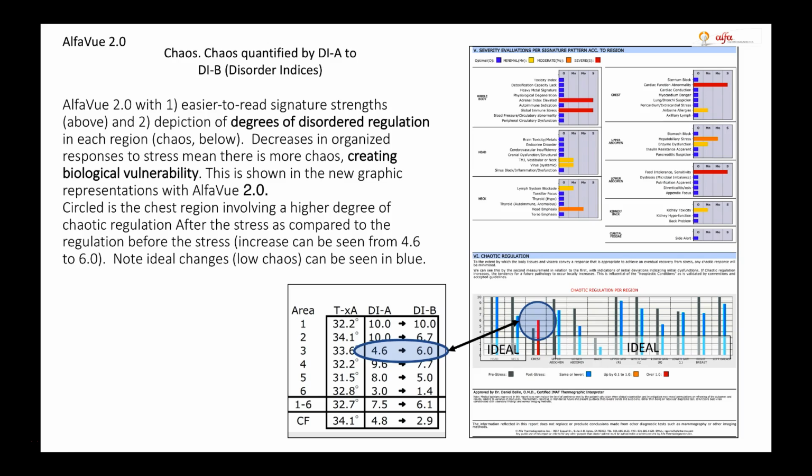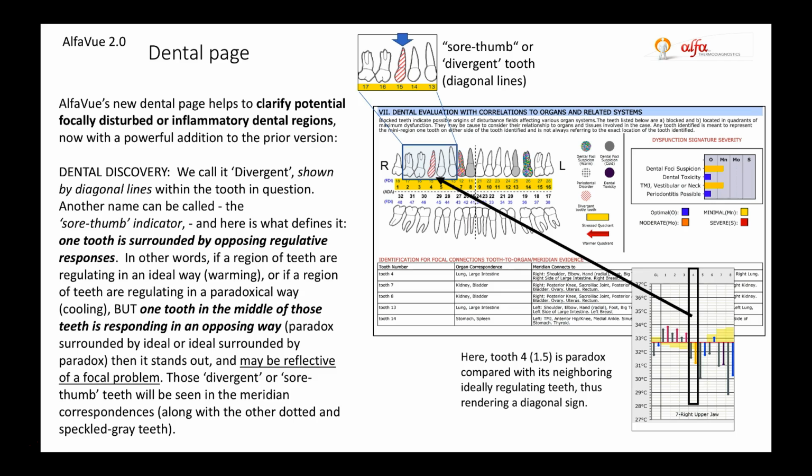And in this case, you can see in area 3, the disorder index A before cooling goes higher from 4.6 to 6.0 in the disorder index B, or equivalent to chaos index in the old regulation thermography texts. So this helps us identify vulnerable areas.